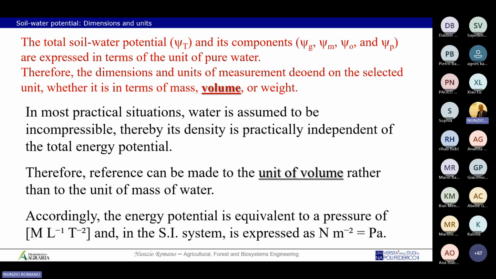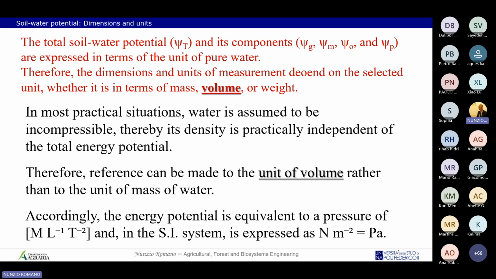So if we divide the water potential in terms of volume, we have the potential energy that is expressed in terms of Newton per square meter, that is the pressure. So the potential energy referred to the volume of water is a pressure. This again gives us the idea of the physical meaning, the practical meaning of the pressure.